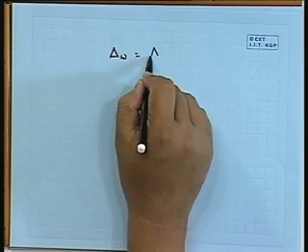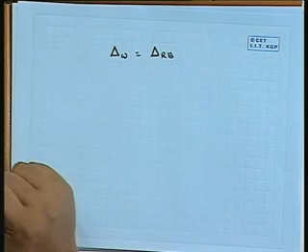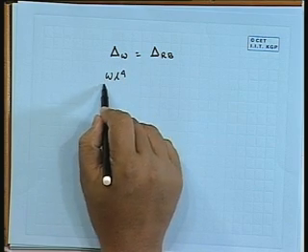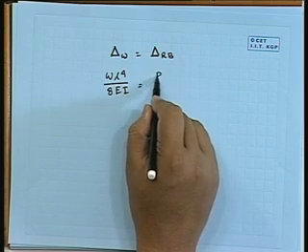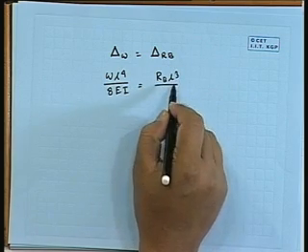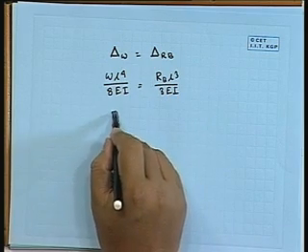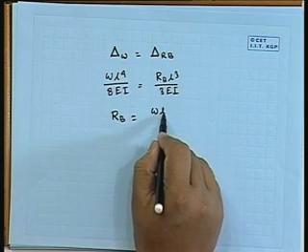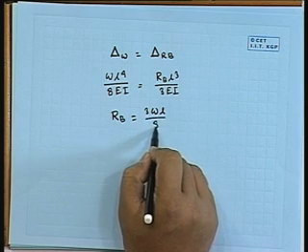your delta due to W should be equal to delta due to your R_B, and this we have written as... so from there R_B we will get, it will be this L, this 3 divided by 8.